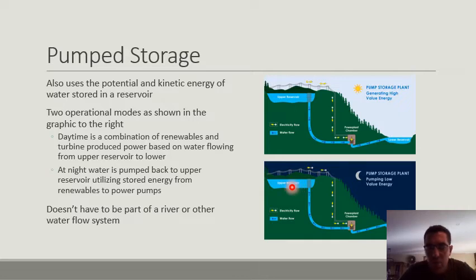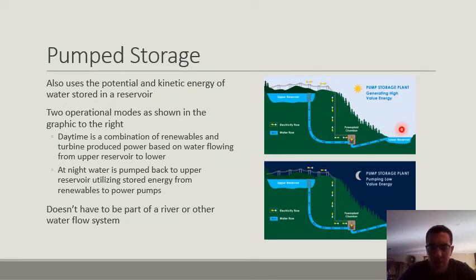Then, when daytime comes, the water flows from the upper reservoir down through the turbine, creates more power, which is shipped off to the grid, or potentially stored to run the same turbine.